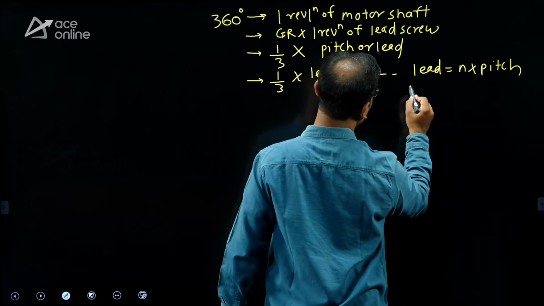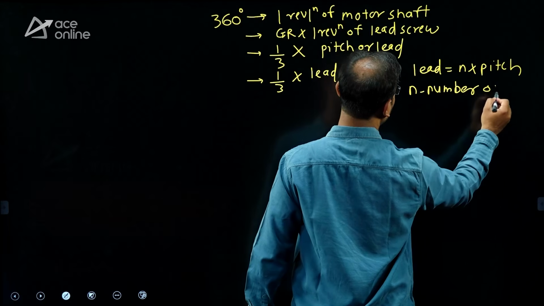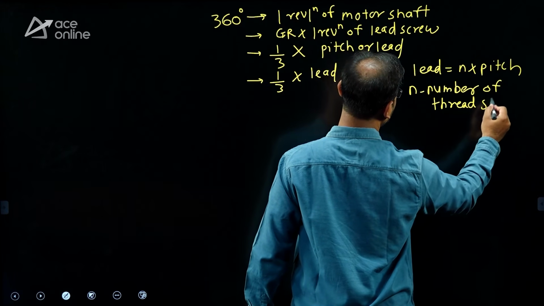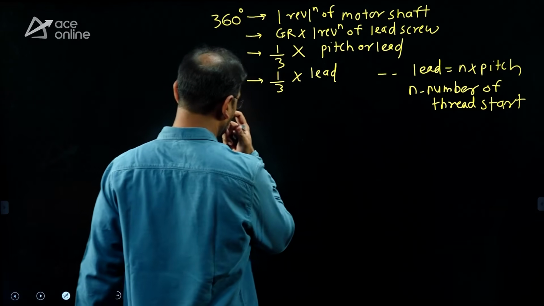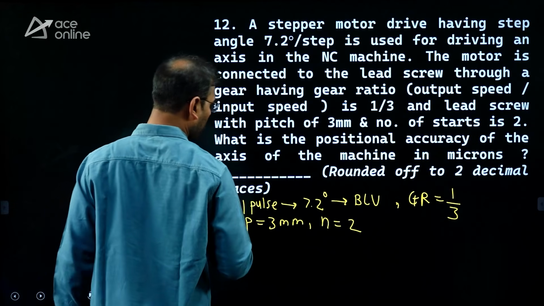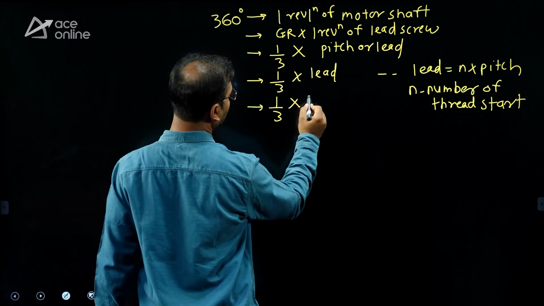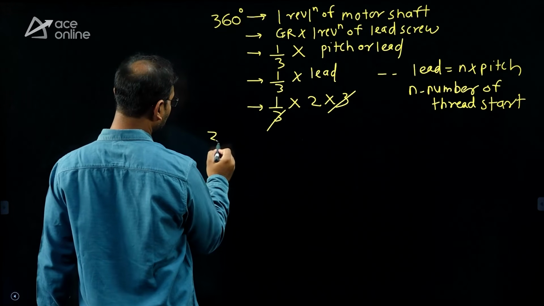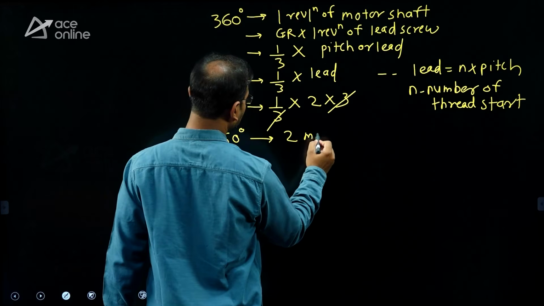N is the number of thread starts, which is 2 here. Therefore 1/3 lead is equal to N into pitch. Pitch is 3, the 3 gets cancelled. Then you can see that in the 360 degree the distance traveled is 2 millimeter.